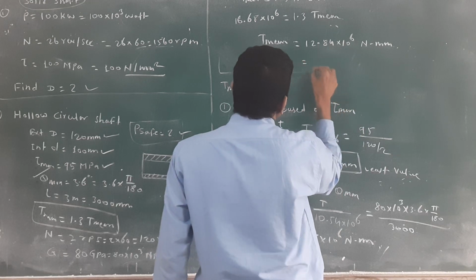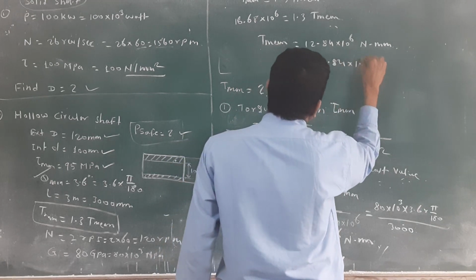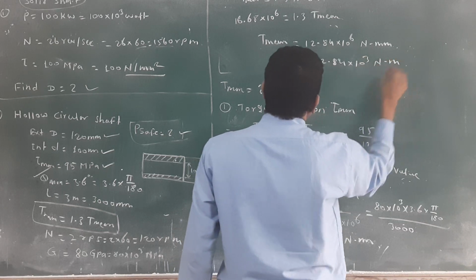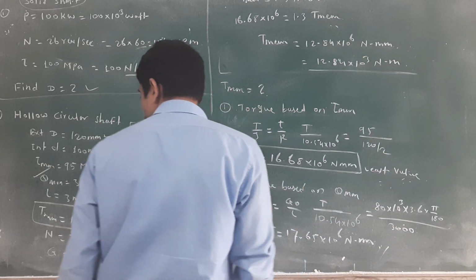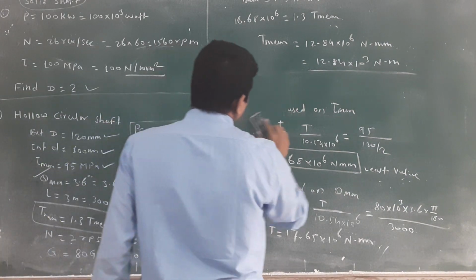Then you have to convert into meter: 12.84 into 10 raised to 3 Newton meter. Now we have got the value of T min.